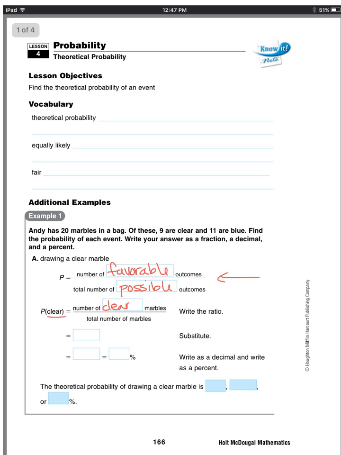So there are 9 clear over the total. Well, there were 9 clear and there are 11 blue, so that is 20 total. Okay, so 9 over 20. Now, we can easily make that into a decimal and a percent, because 20 can be multiplied to get to 100.